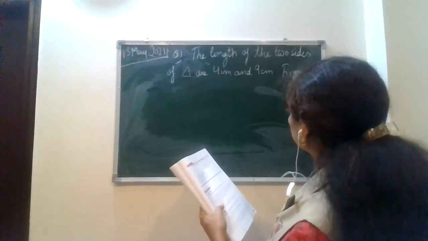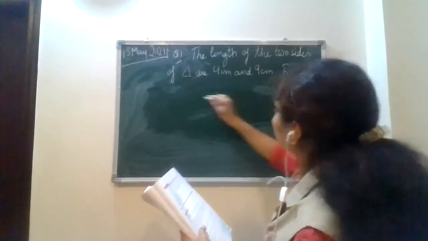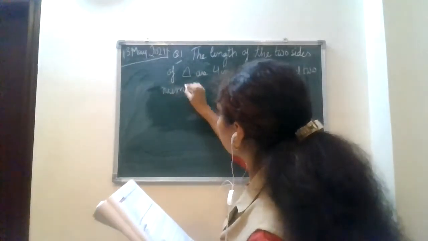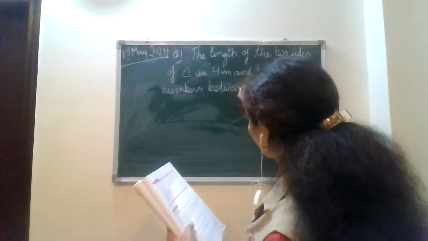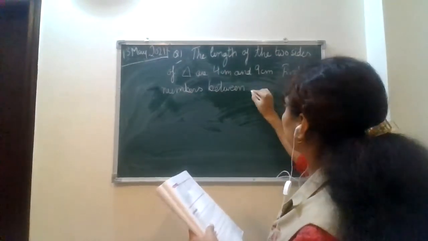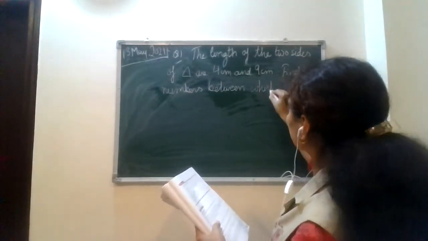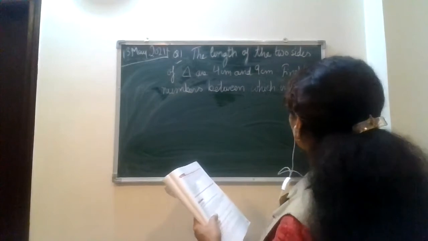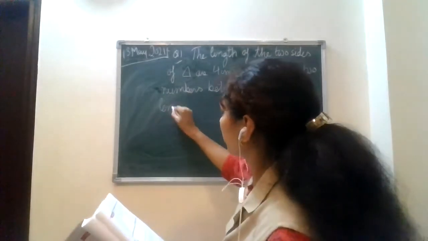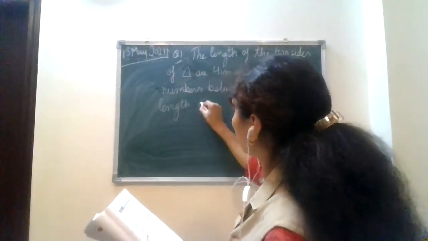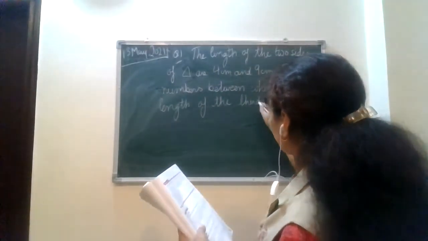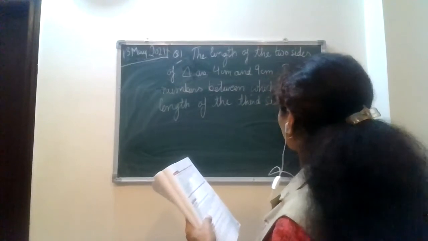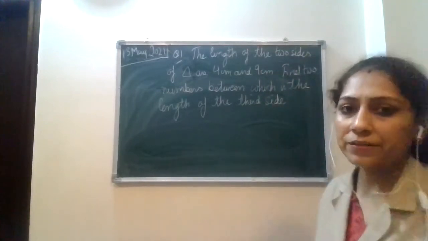Find two numbers between which the length of the third side lies. Fine, this is a question.